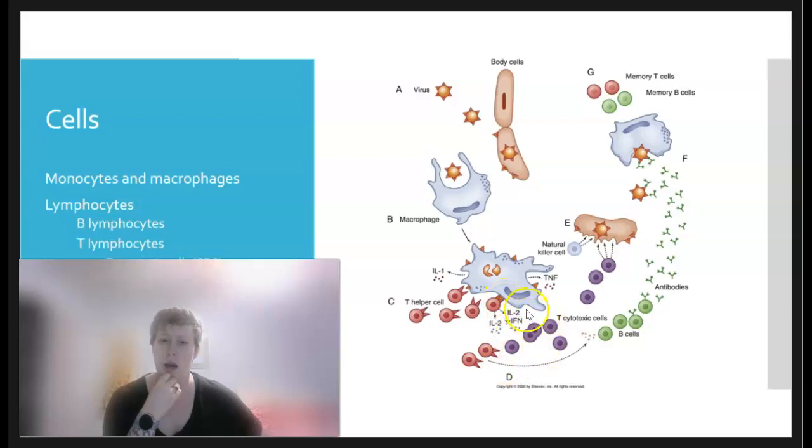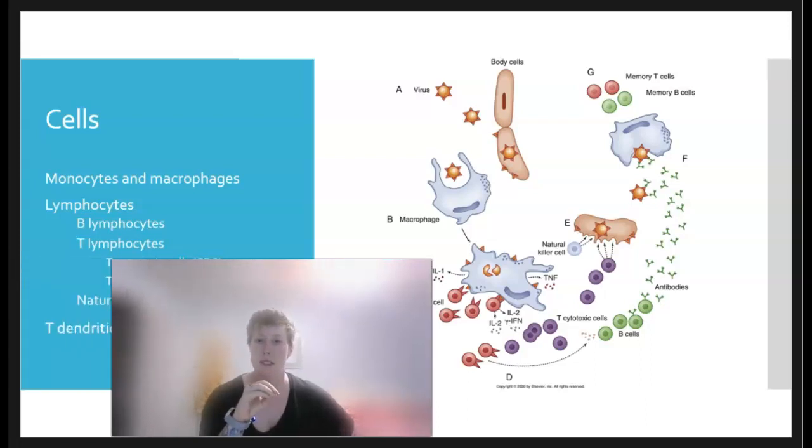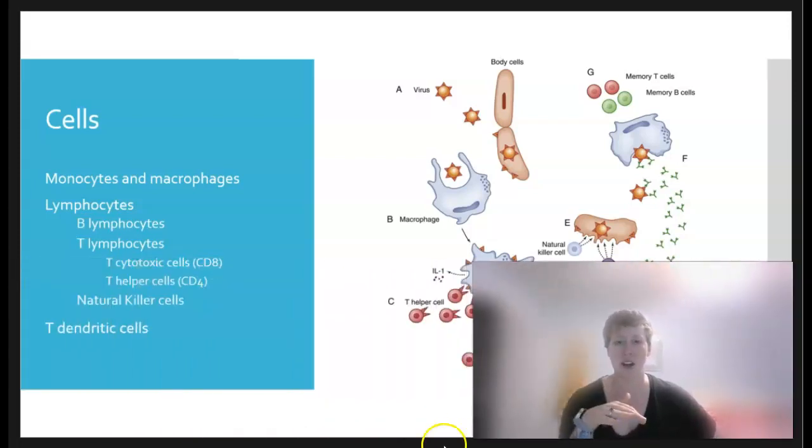The T helper cells are like, oh, okay, I get that antigen. Then they go to the B cells, and the B cells are like, I'm going to make this antibody for that specific antigen. And now your body has long-term immunity against that specific antigen. Again, don't try to memorize this slide. You're going to get lost.